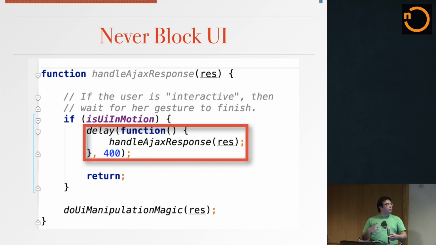This is useful because if we are sure that the user is not doing any kind of gesture, it doesn't matter whether the content loads in a second or in half a second, because most probably the user is passively interacting with the UI. She's either looking at an image, or reading a title or an article.